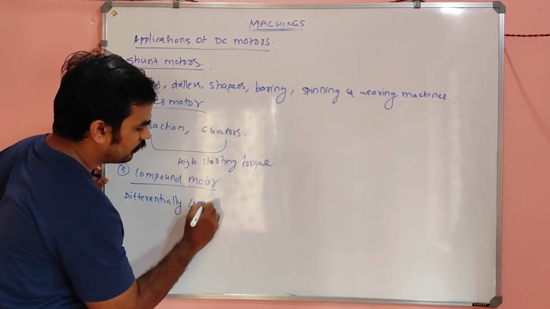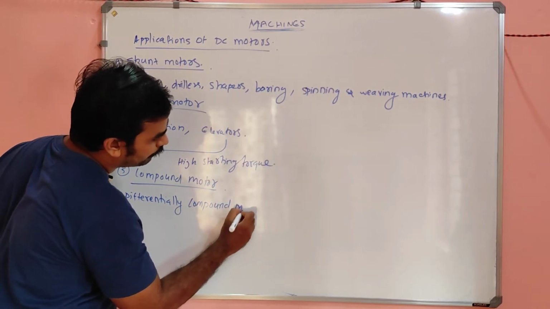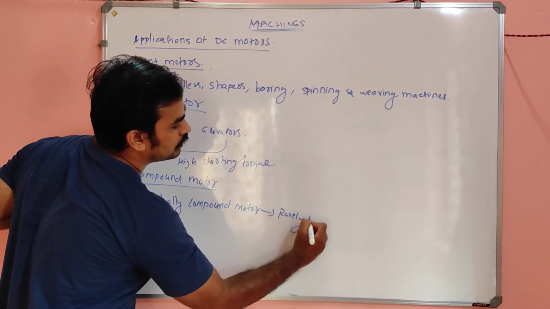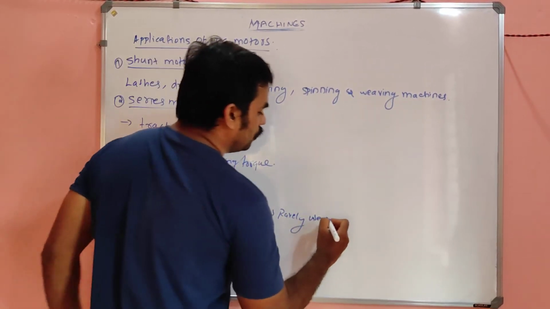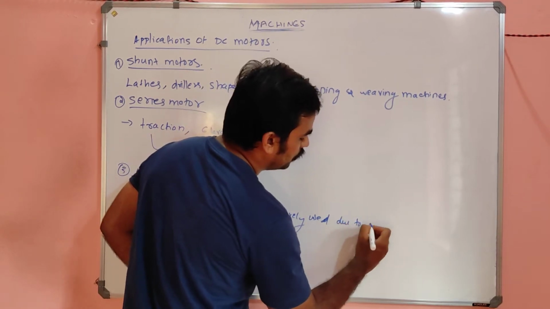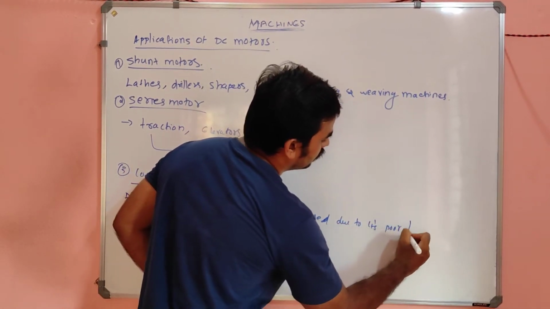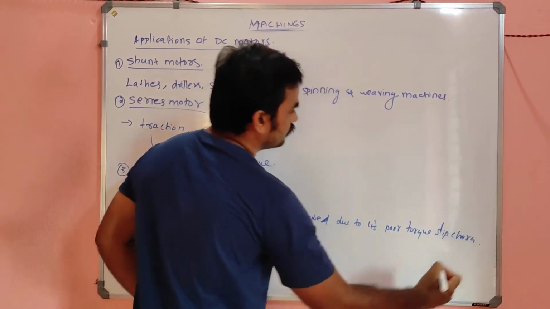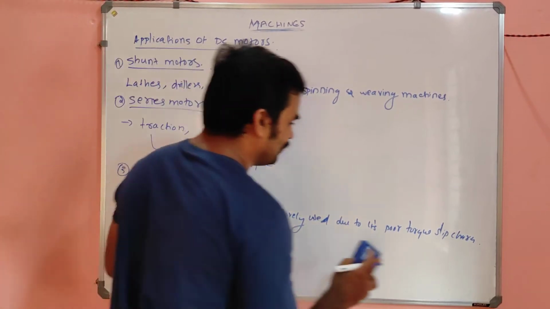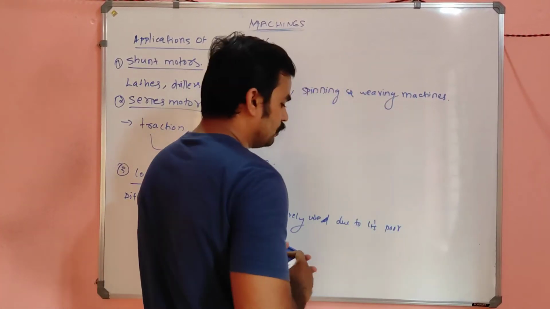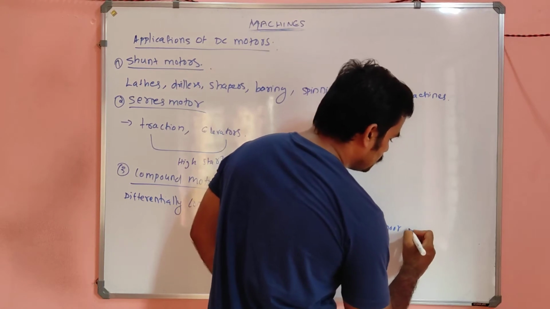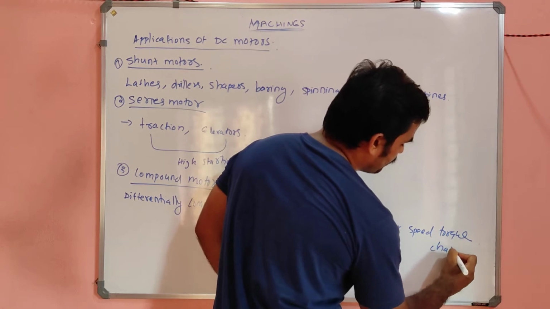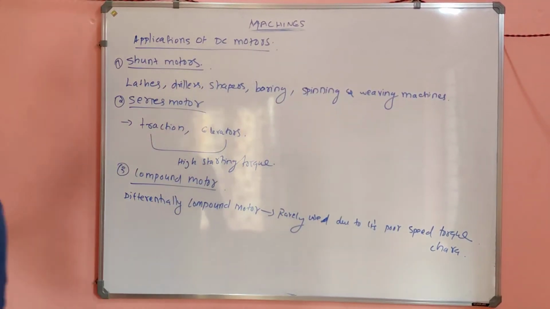Differentially compound motors are rarely used, my dear, due to their poor speed torque character. Not slip, my dear. Due to their poor speed regulation or poor speed torque character. Okay?